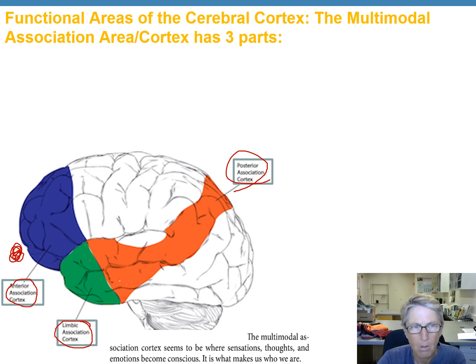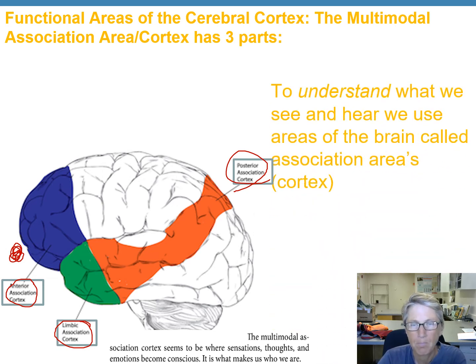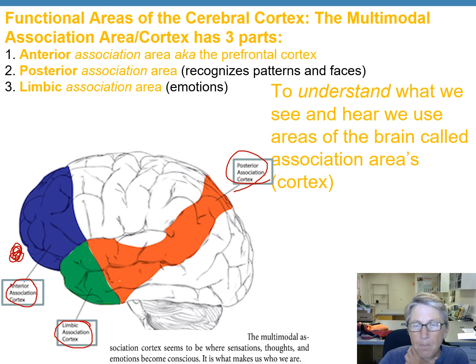The multimodal association cortex basically makes us who we are. When we try to understand what we see and what we hear, we're using the multimodal association cortex.